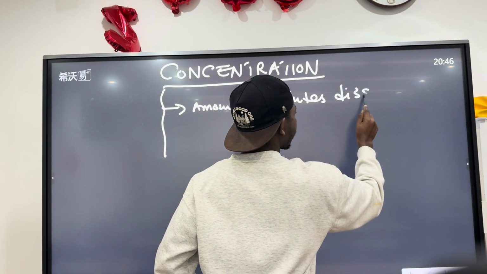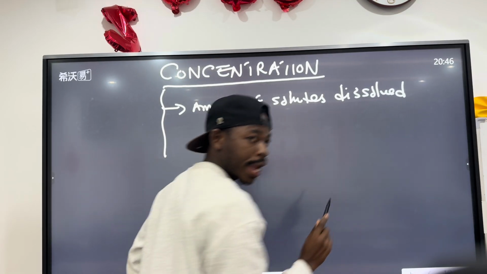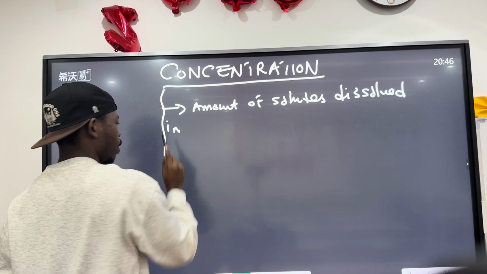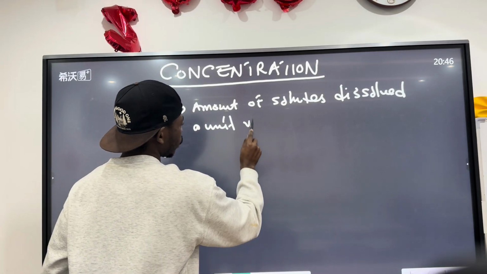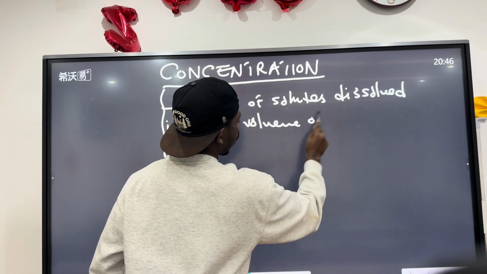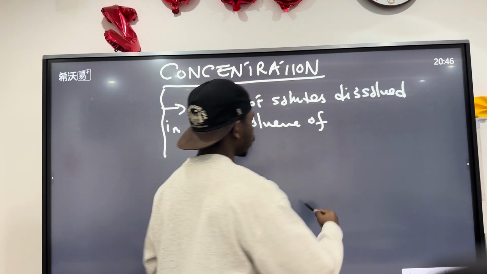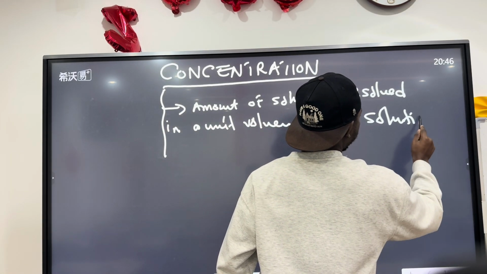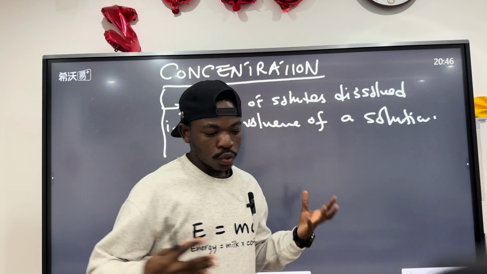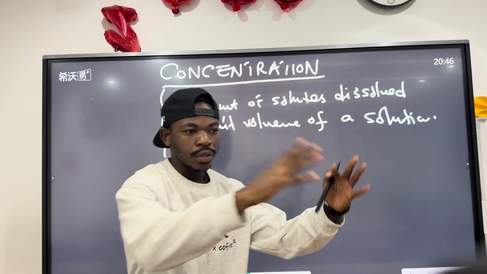dissolved. Dissolved where? In a unit volume. A unit volume of a solution or a solvent or whatever. So how many solutes have dissolved in a particular solution?